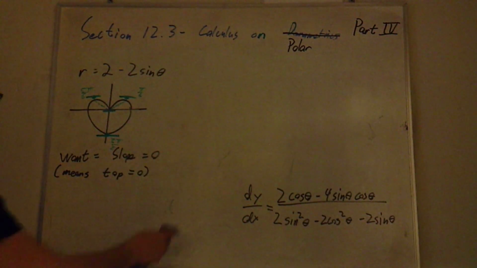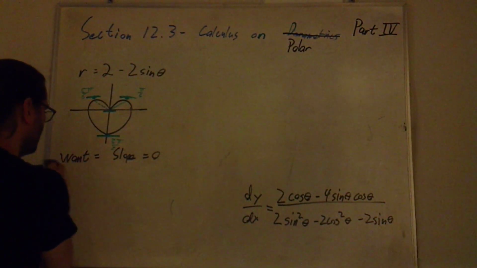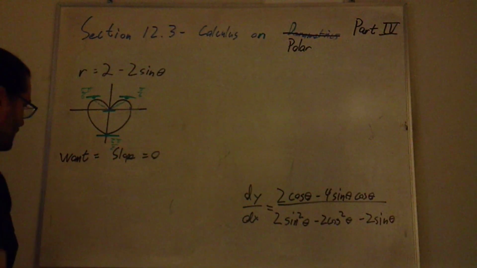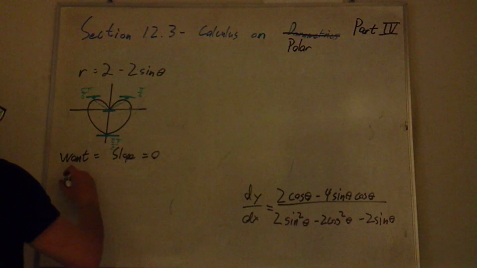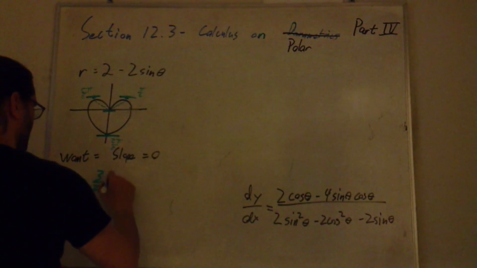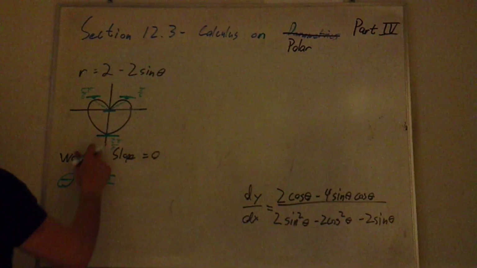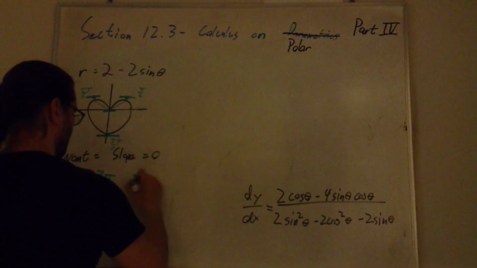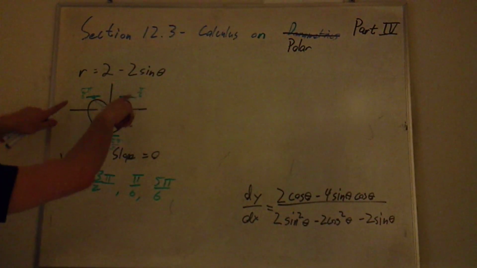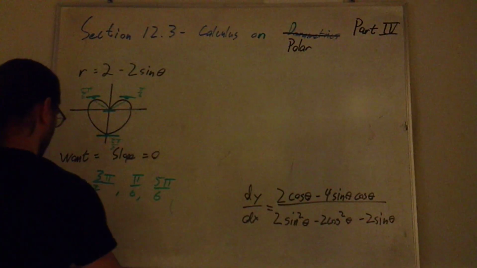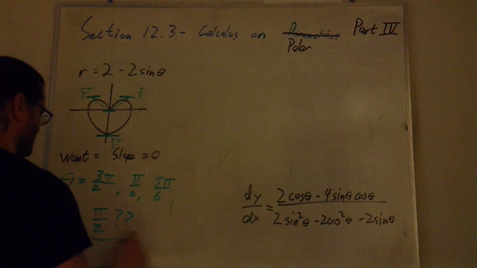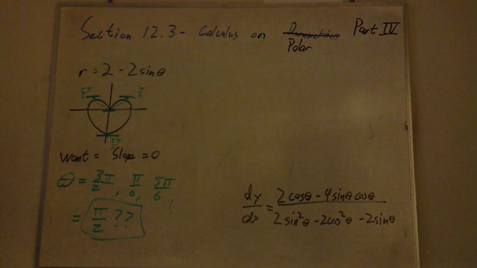We want the slope to equal 0 on our beautiful cardioid. We have discovered that that happens when theta equals 3 pi over 2. That's the bottom. It's the one we guessed from the start. Pi over 6 and 5 pi over 6 are the two lumps of our heart. And then pi over 2 is some question marks. We're going to talk about pi over 2 more.